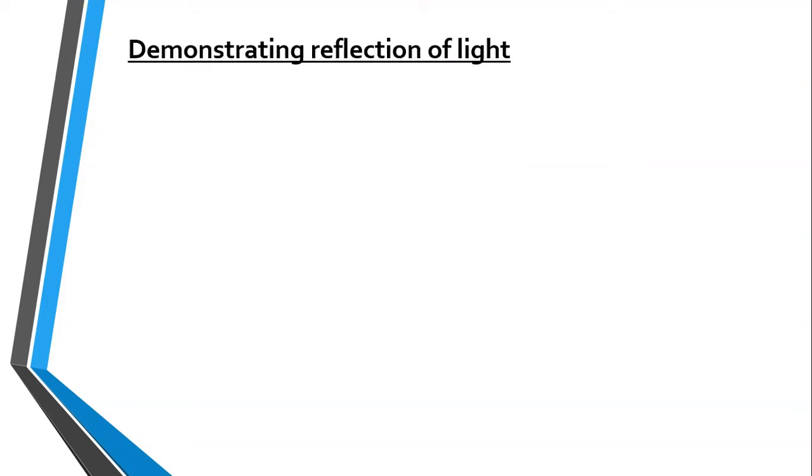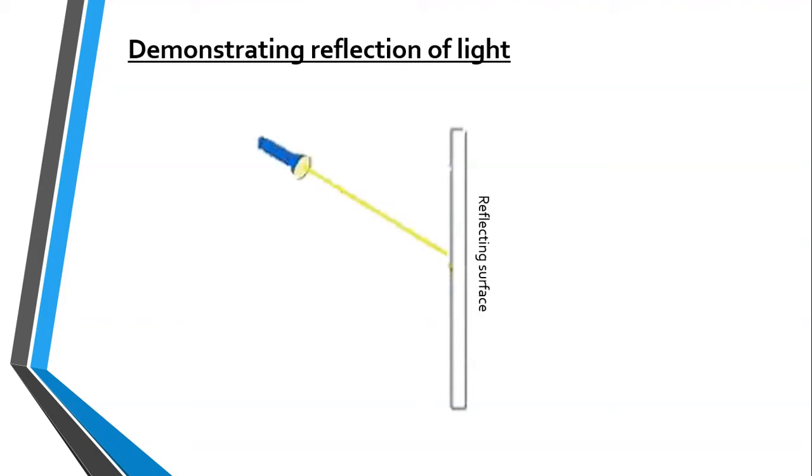Now, how do you demonstrate reflection of light? You need a reflecting surface like a mirror. You need a torchlight. At an angle, as you see, the torch is switched on to cast light on the reflecting surface. Now you direct your eye at the opposite side, where the light ray bounces into your eyes.